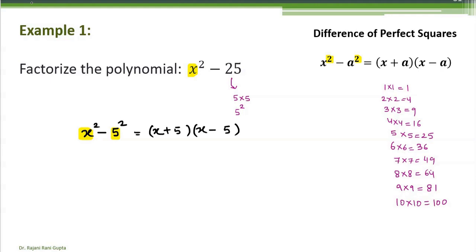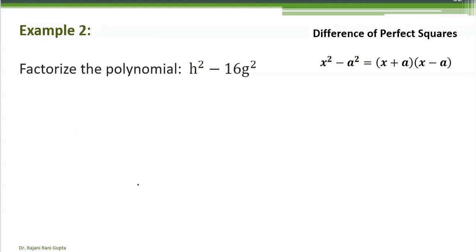Let's work on another example: h square minus 16g square. h is with power 2, g is with power 2, but this number 16 is without power 2. So 16 we can write as 4 times 4, that is 4 power 2. Let's rewrite our question: h square minus 4 power 2 g power 2.